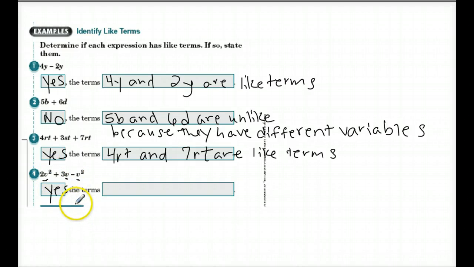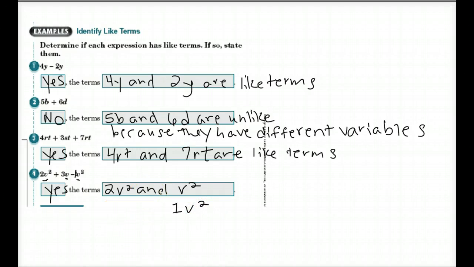The only thing that can be different, again, is that coefficient. In this case, it's 2, 3, and a 1. Because right here, there's an invisible 1 for 1v squared. But there is like terms, and the like terms are 2v squared and v squared. Again, with this v squared, it's just like saying 1v squared. It's the same thing.